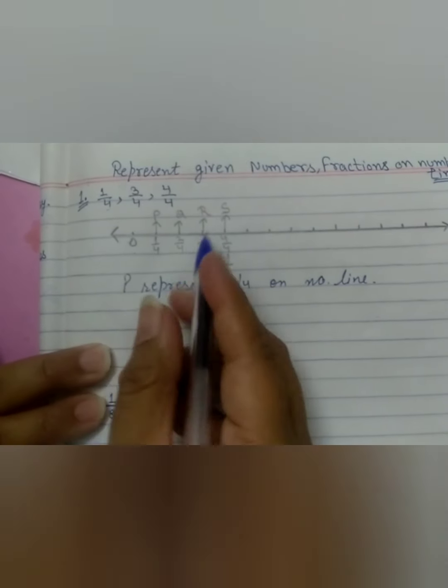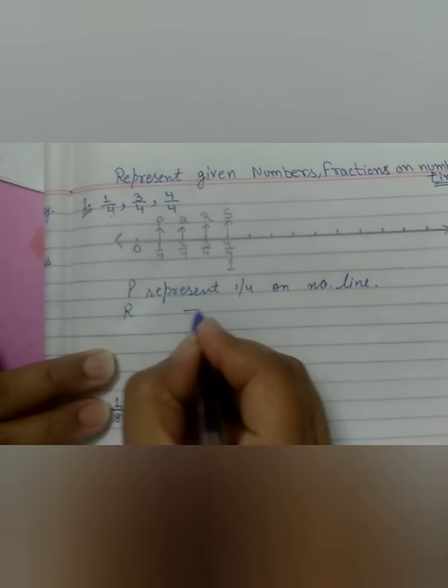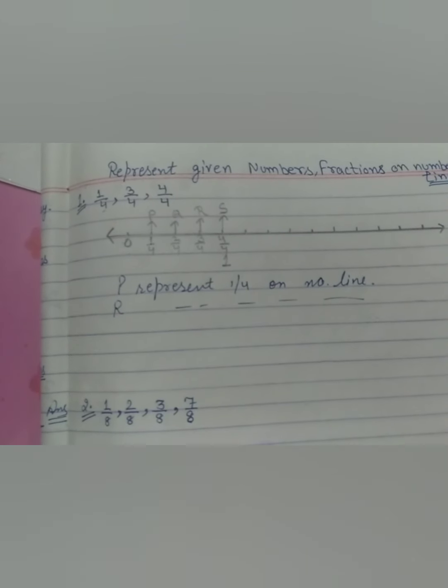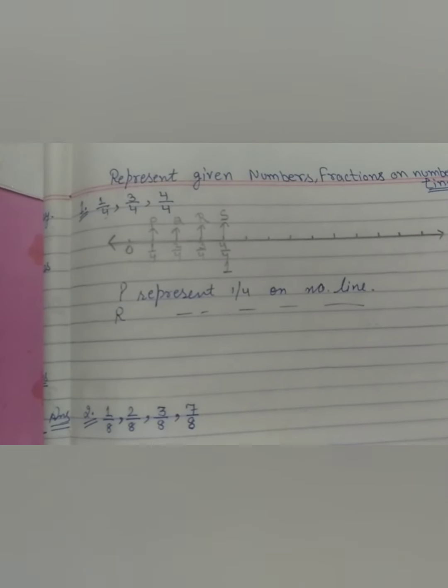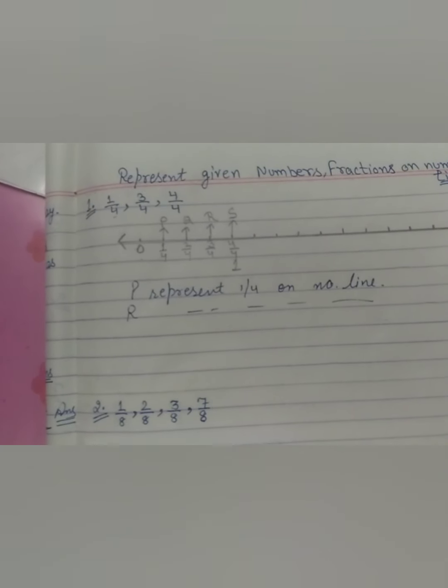Similarly, you can write that R you are required with 3 by 4. So R represents 3 by 4 on the number line and 4 by 4 is represented by S.